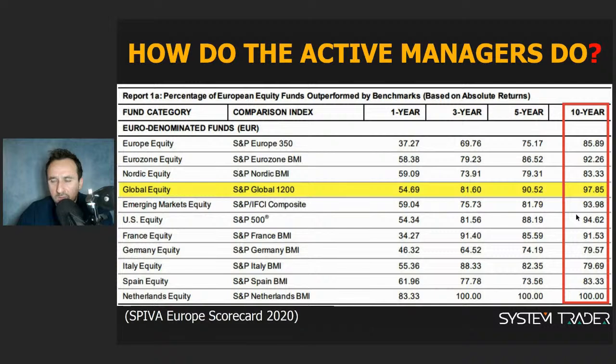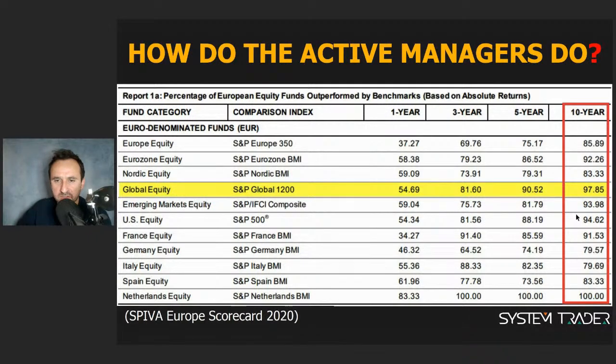I think that one answer is just on the slide which I'm showing. And if you are just listening and you don't see the slide, then I will explain it. Here we have the percentage of European equity funds which were outperformed by benchmarks. For example, in Europe in 2020, there were funds which were trying to invest globally in an active approach.